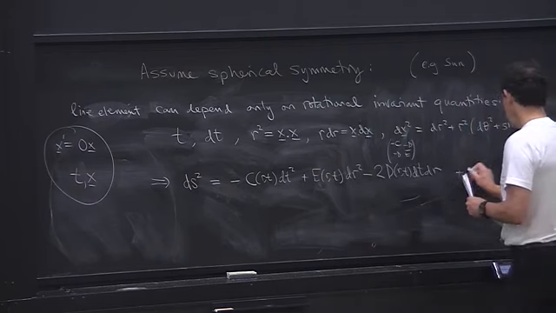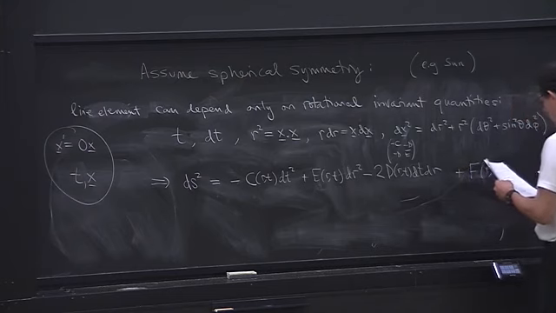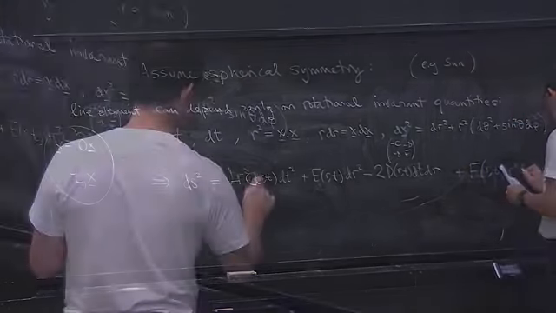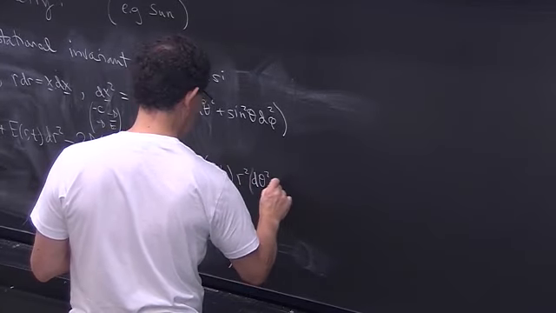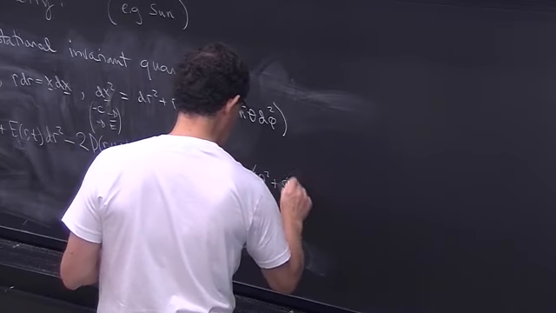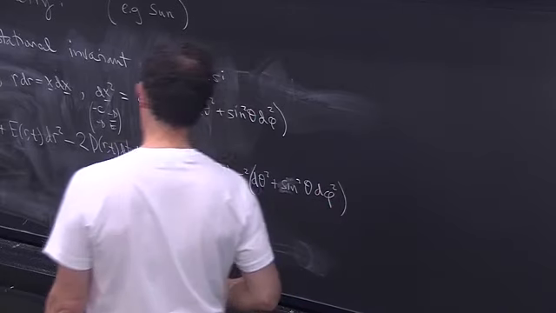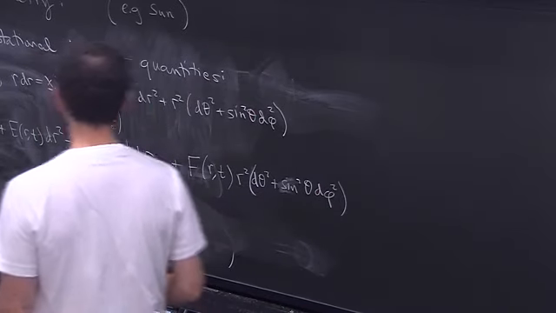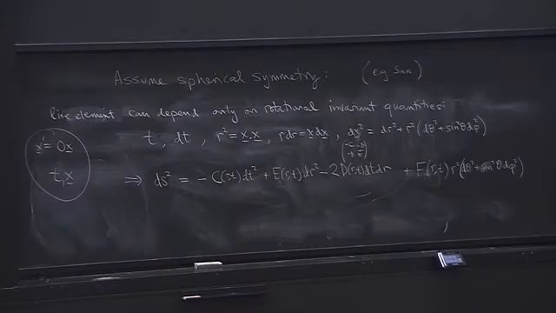And then I have F of r and t, some other function, times r squared, d theta squared plus sine squared theta d phi squared. Okay, so that's the most general thing you could write down that has a spherical symmetry.